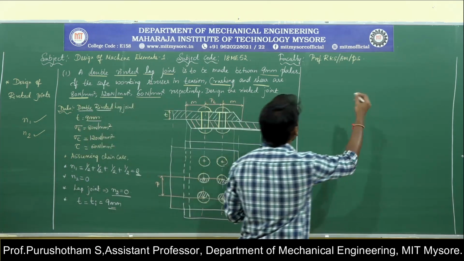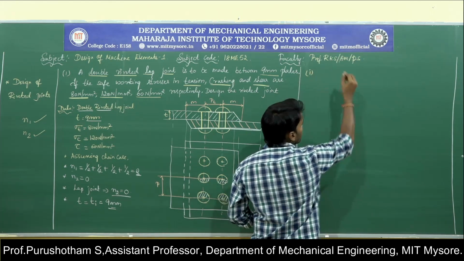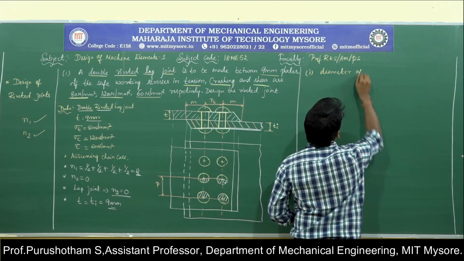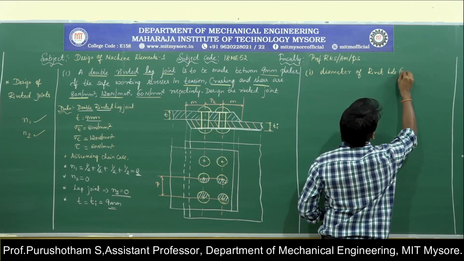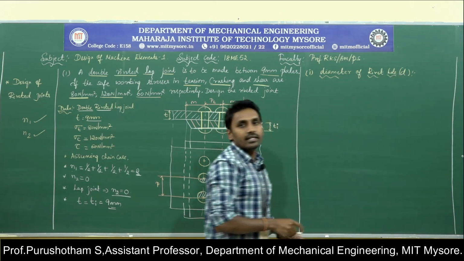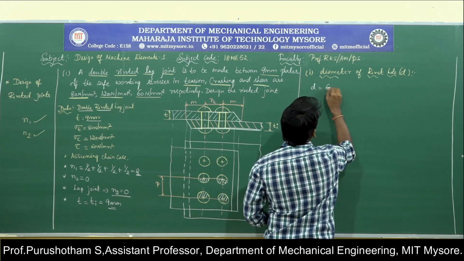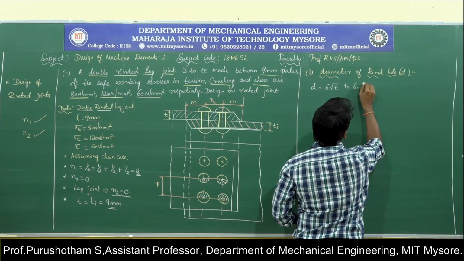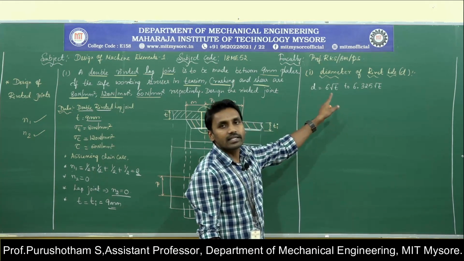Now, the first step is to calculate the diameter of the rivet hole, which is denoted by D. This is given by the equation D equals 6.325 root T. This is available in the data handbook.